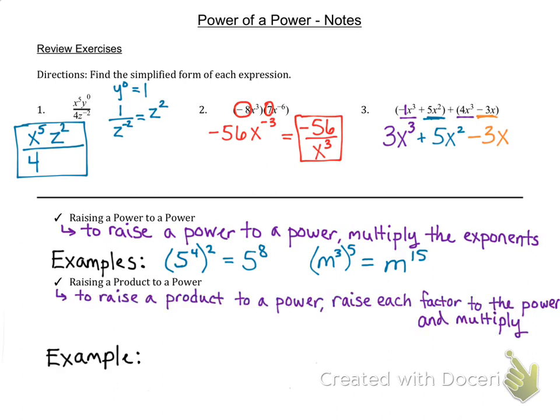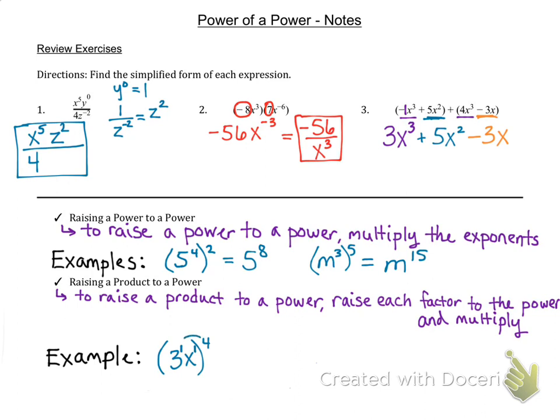Now let's talk about raising a product to a power. To raise a product to a power, raise each factor to the power and multiply. So here's an example of this. So we have 3x, which is our product, and it's raised to the power of 4. So think of it like this. We have 3 has an exponent of 1, and x has an exponent of 1.